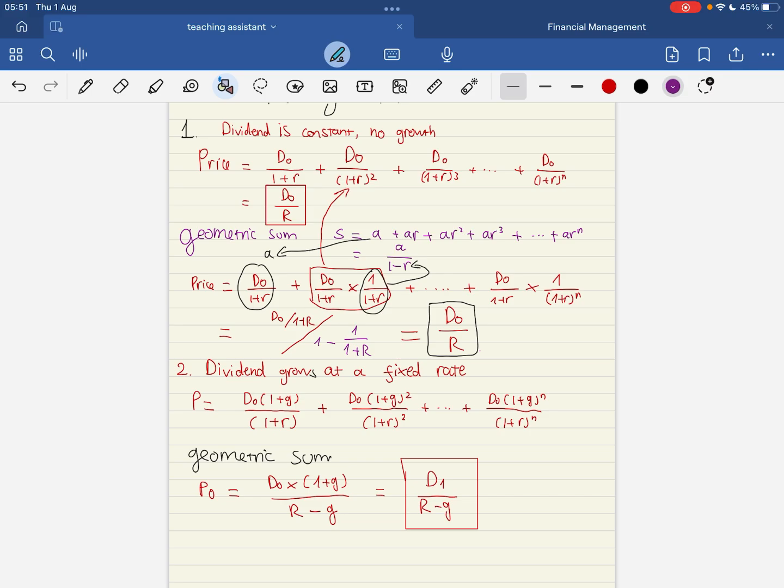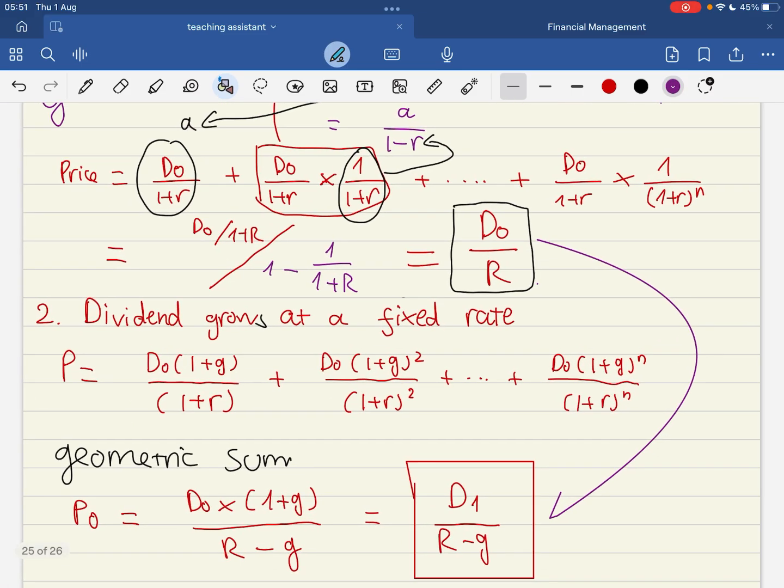If the dividend is constant and no growth, it's D0 divided by R. But if the dividend grows at a fixed rate, it's D1 divided by R minus G. Please don't make a mistake between D1 and D0, because I know many people who have made the mistake during exams and lost such a very regrettable point.